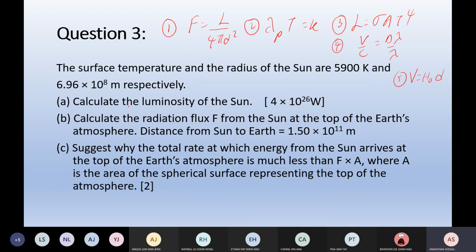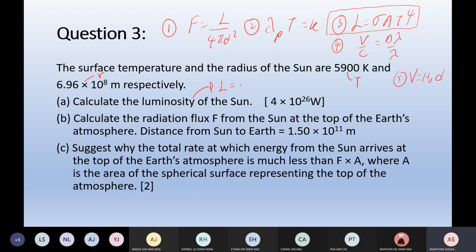So which formula do you think is suitable here? The surface temperature of the sun is given, or T given temperature, and the radius of the sun is also given, respectively. Calculate the luminosity of the sun. So which formula to be used? Of course, Stefan's law. So the third equation must come to your mind, right?